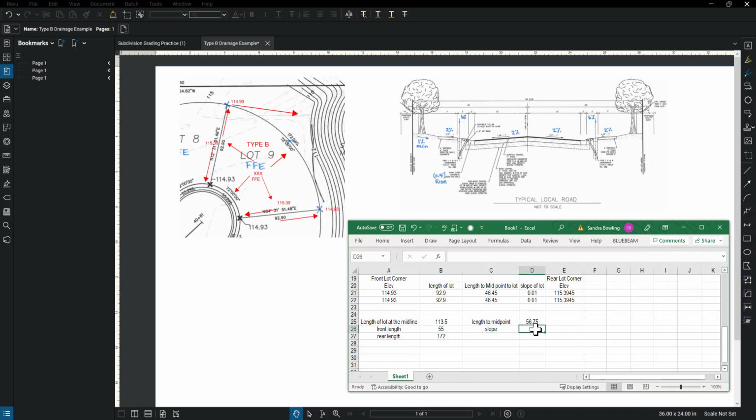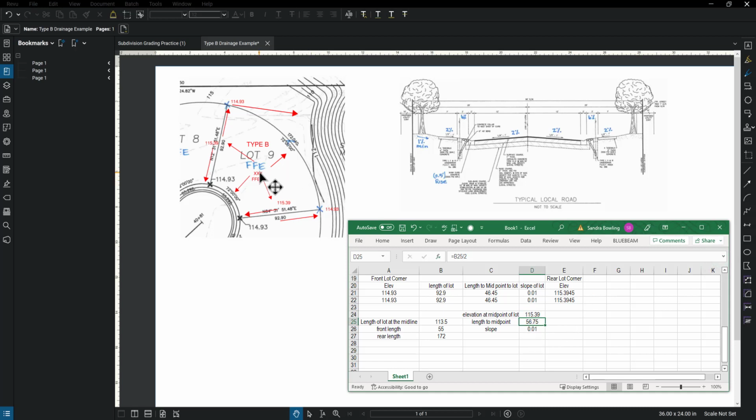And its slope, and I like to use Excel for math, it's just easy, is 1%. So I'm going to put it here, elevation at midpoint of lot. If one was higher than the other, we would use the higher value. This is the same, so it's going to be 115.39.